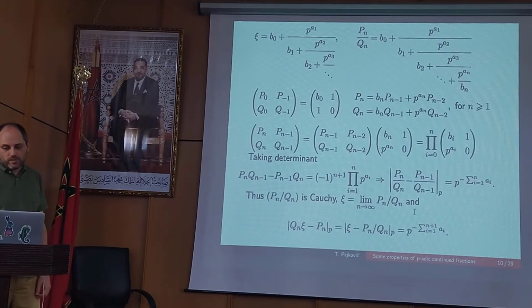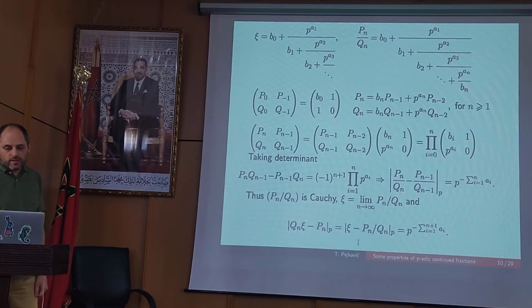So we have that it's Cauchy because we have a precise value of the difference, and so because of the completeness, it has to converge to some number, which can then be shown, if we start from this number and do the expansion, to give the same continued fraction.